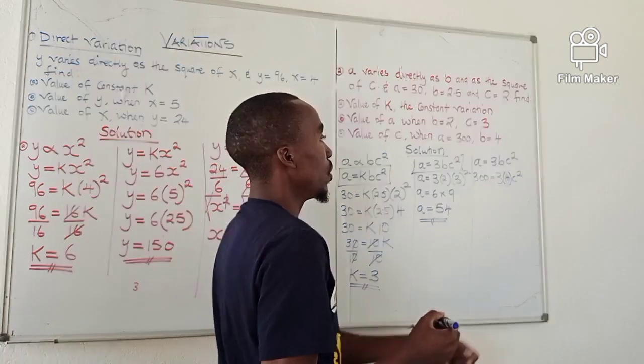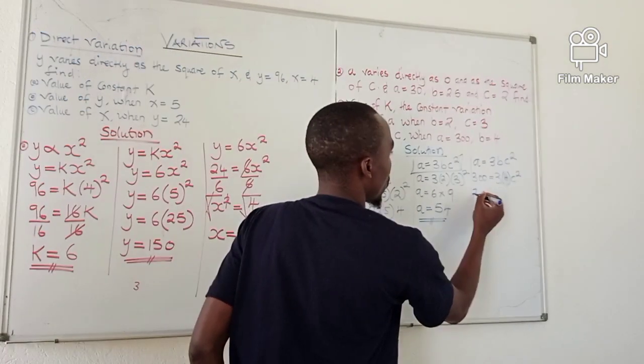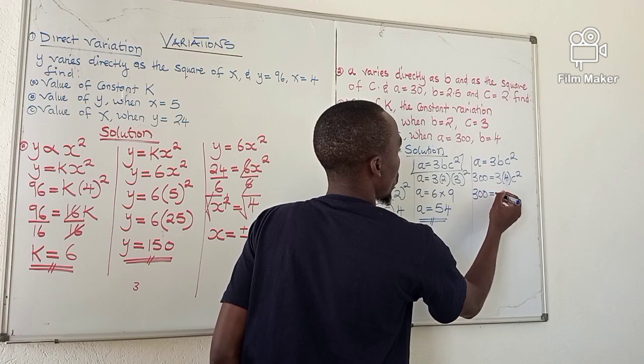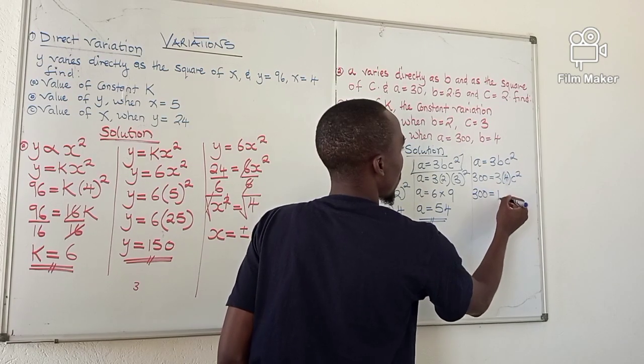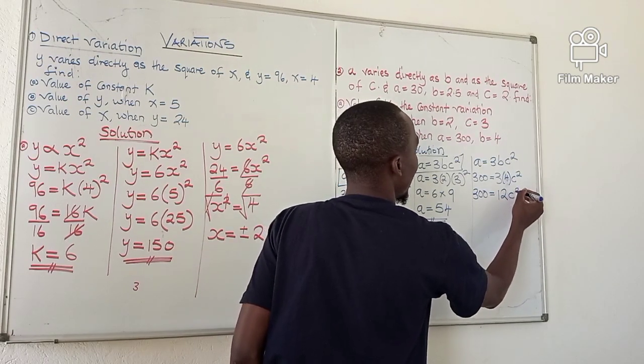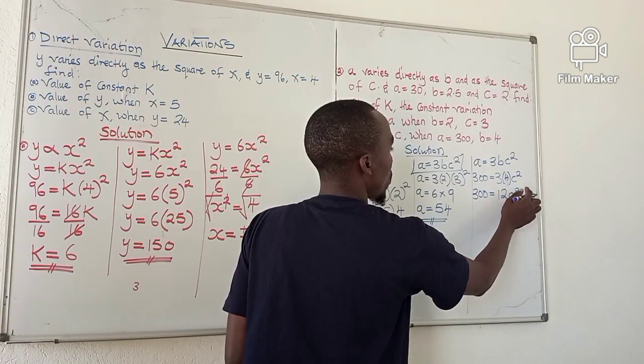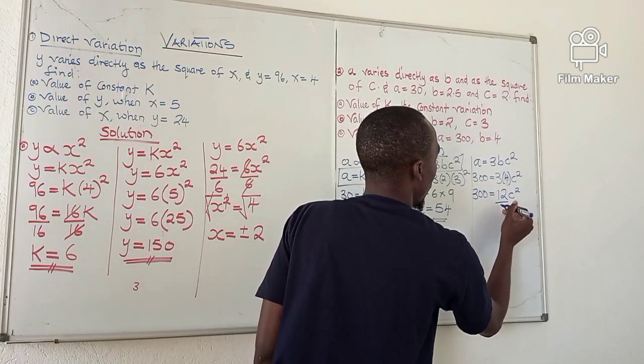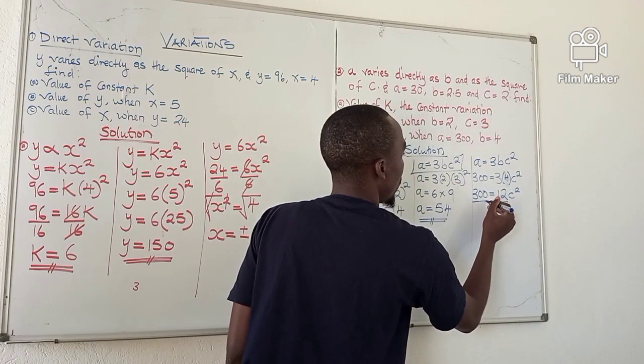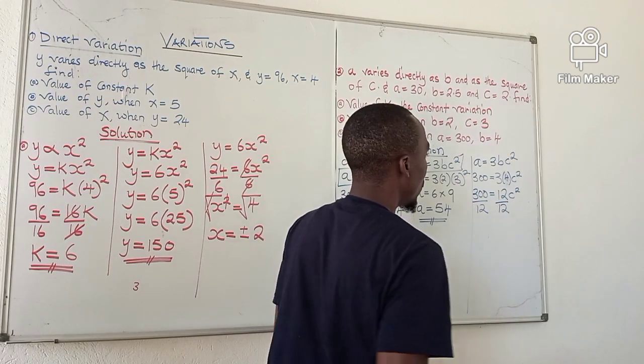We work that one out to say 300 is equal to 3 times 4 gives us 12c squared. How do we remain with the c squared here? We divide both sides by 12. Okay.